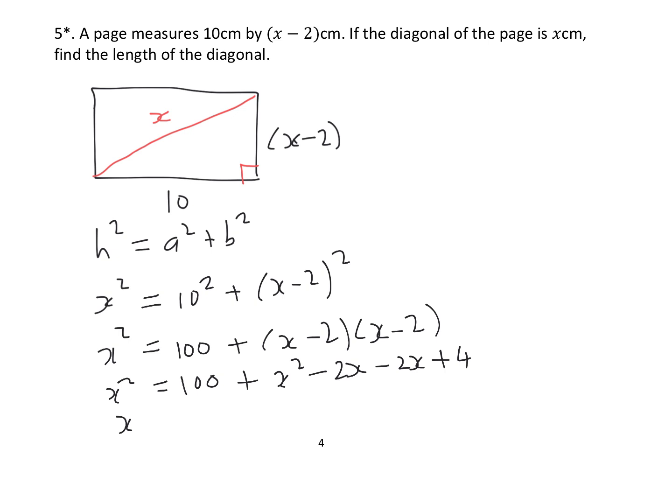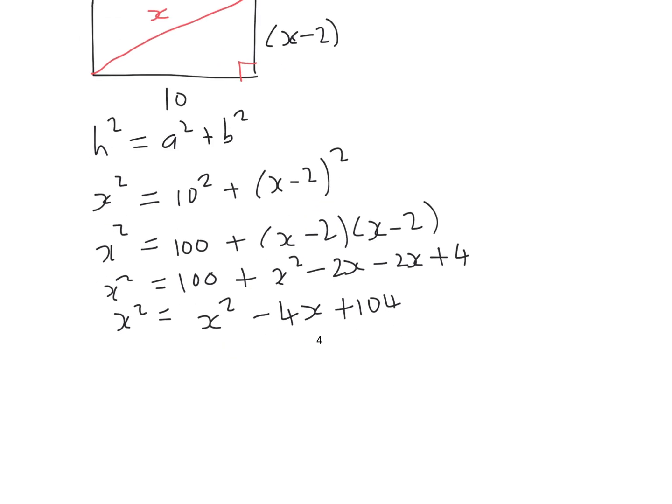If we tidy that up, we've got an x squared, we've got a minus 2x and another minus 2x, which is minus 4x. And we've got 100 plus a 4, which is 104. Now what you'll notice is that there's an x squared on both sides. So if you subtract x squared from both sides, they'll disappear.